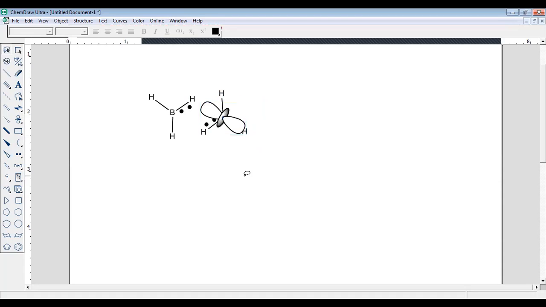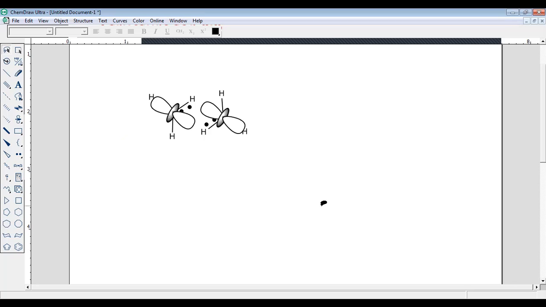Okay. Similarly, what will happen here? One will be here and another will be on this boron, and another will be on this boron. Yes, you are getting the point.